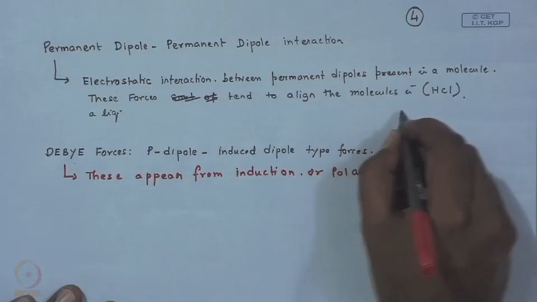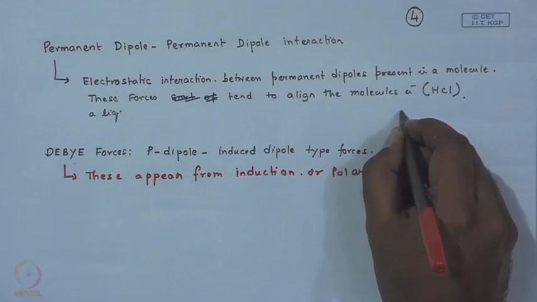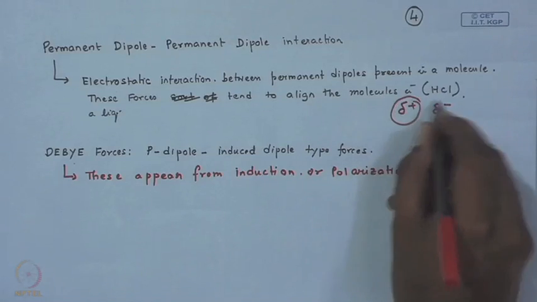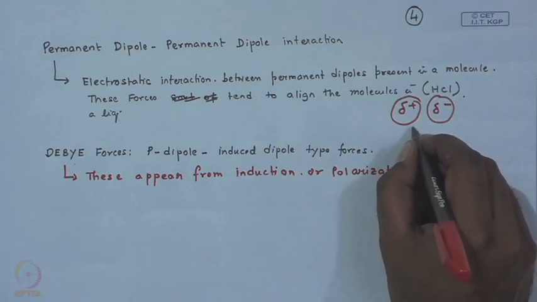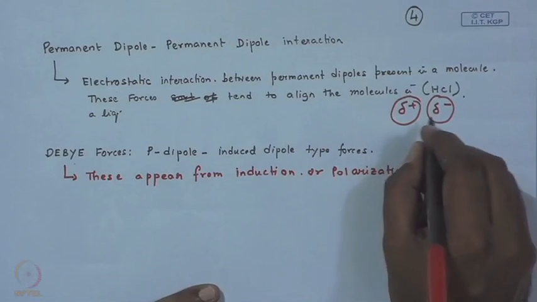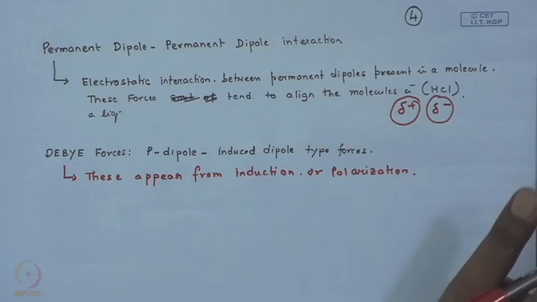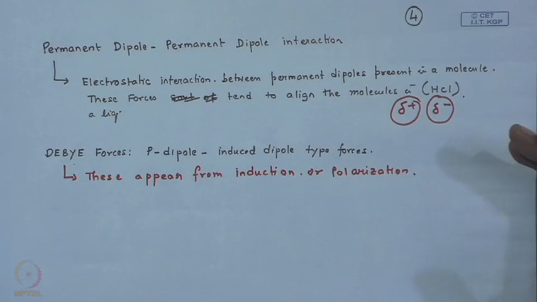So, here you have already a permanent positive dipole and a negative dipole present in a molecule. Its existence is due to the unequal charge sharing. So, one part of the molecule is electron rich, which has a negative charge localization.